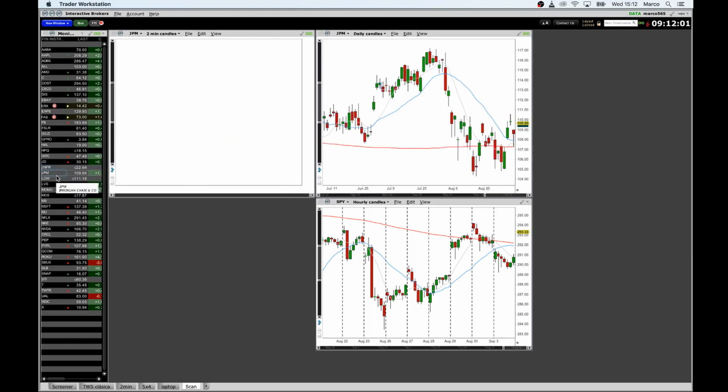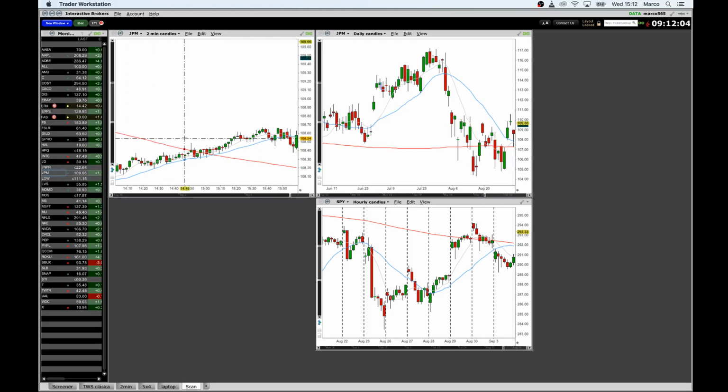JP Morgan's gapping up after some consolidation yesterday. Fab4 are quite narrow, and we have room, and well, we have $1 room, so that means 1%. I can put on my list JPM with 1 star only.